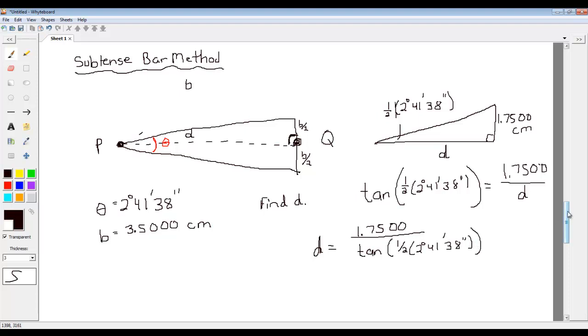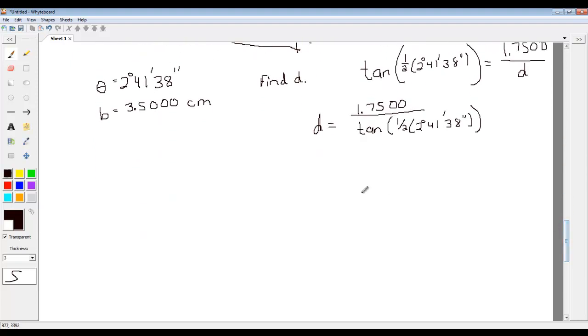So we can use that, put it in our calculator, and see what we get.